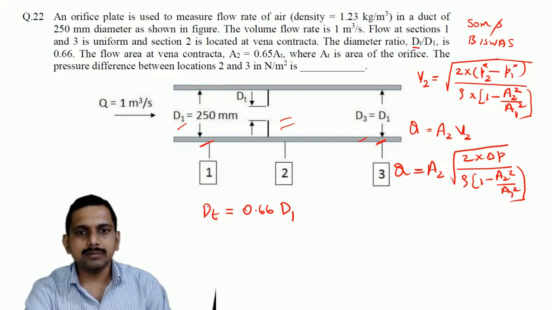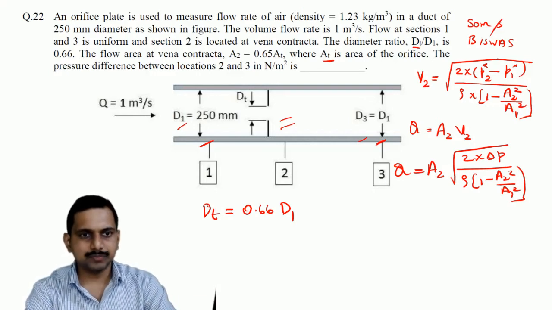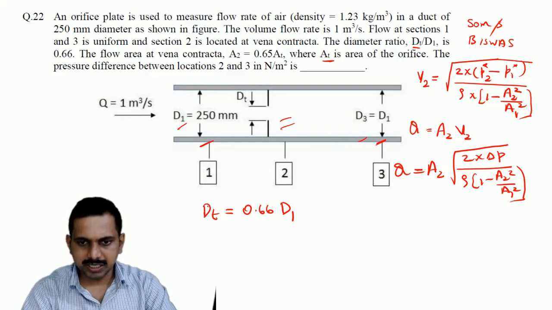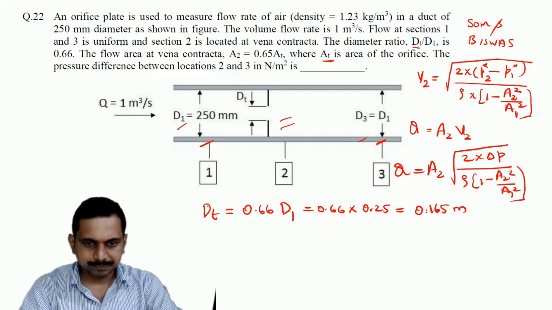T is the orifice, so dt is the diameter of the orifice, correct? So since diameter of the orifice is 0.66 times, this will be 0.66 into 250 mm, that is 0.25 meter. So this would be equal to 0.165 meter. It would be dt.